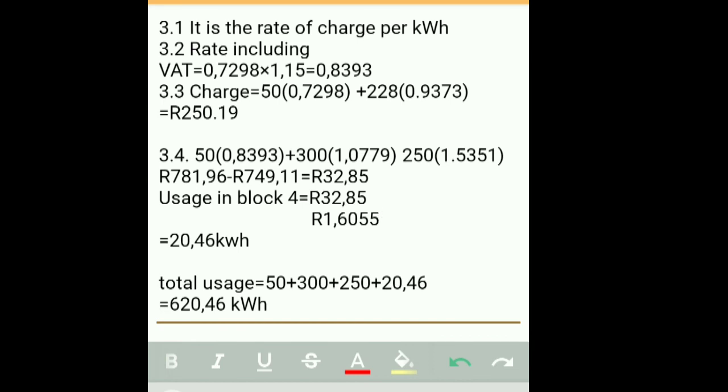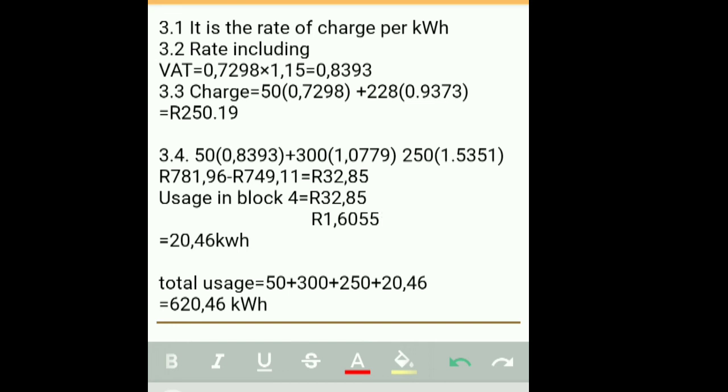This is how much he used on block 4. Then we divide it by 1,6055 equals to 20,46 kilowatts. Total usage: here we combine them all, 50 plus 300 plus 250 plus 20,46, which is equals to 620,46.